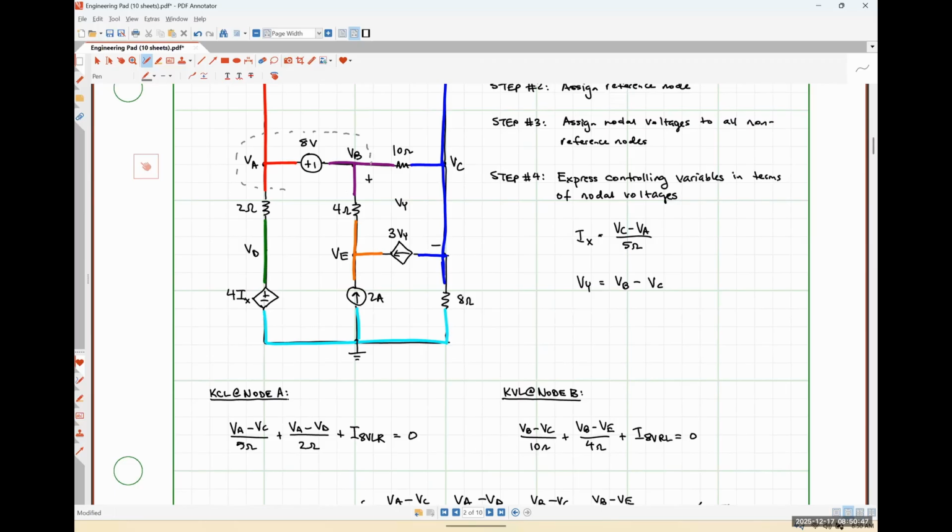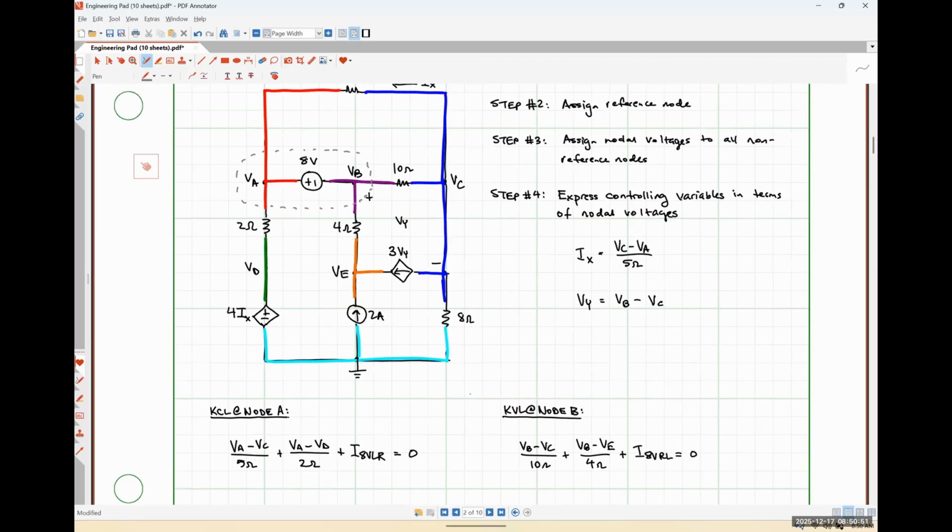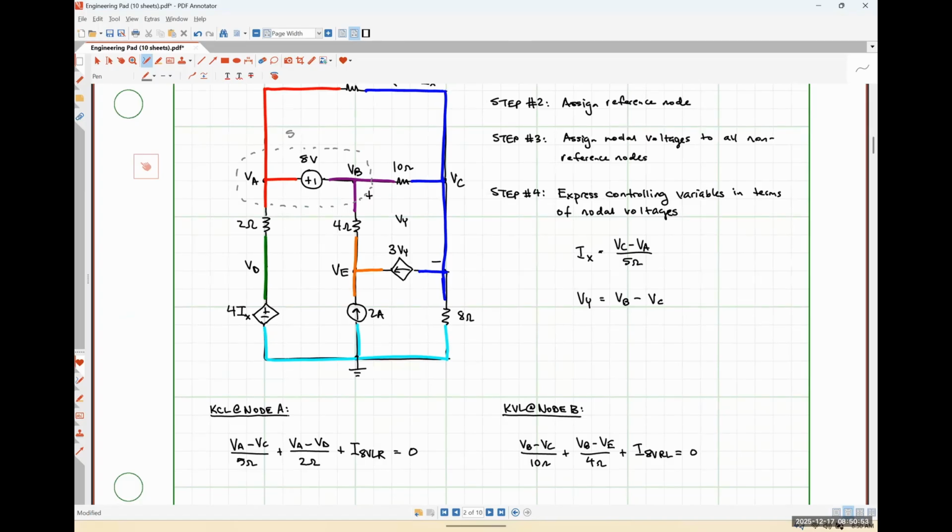Okay. So I'm going to call this bubble supernode AB because it encloses node A and node B. And for what it's worth, at this voltage source down here, I'm going to have another supernode, excuse me. And so this is going to be supernode D and ground.